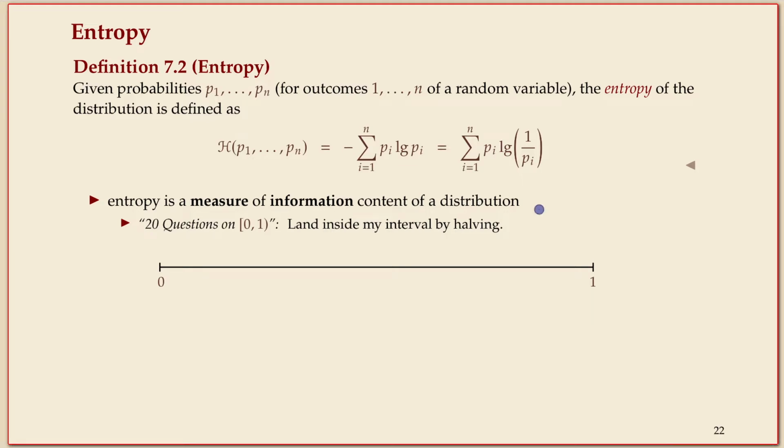The intuition behind this formula is given by this yes-no question game, or 20 questions game. Your goal is to guess what is the random outcome of a random variable. It can take values between 1 and n.